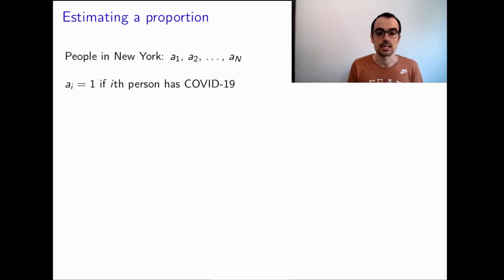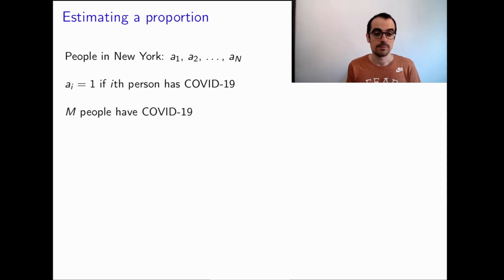Let's look at another motivating example. In this case, we want to estimate the proportion of people in New York that have COVID-19. So here we have defined a deterministic variable for each person that tells us whether they have COVID-19 or not. If they don't, the variable is equal to 0. Big M people have COVID-19.